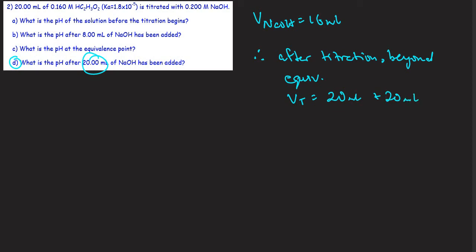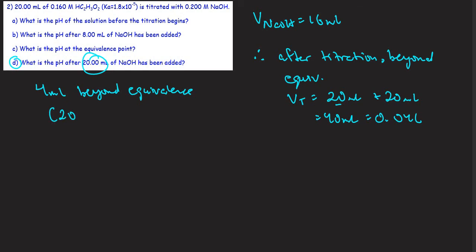We had 20 mL of acid for a total of 40 mL, or 0.04 liters. Now, we've gone over, so we are 4 milliliters beyond our equivalence point, right? Because we have added 20. We only needed 16. So we are 4 milliliters beyond that.